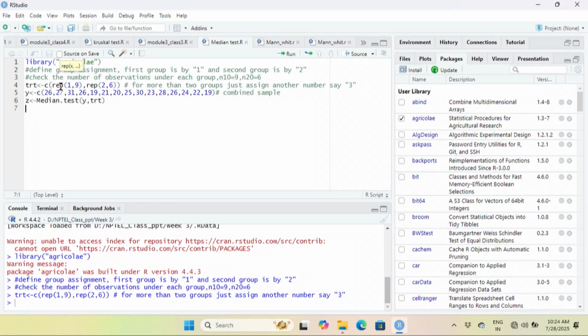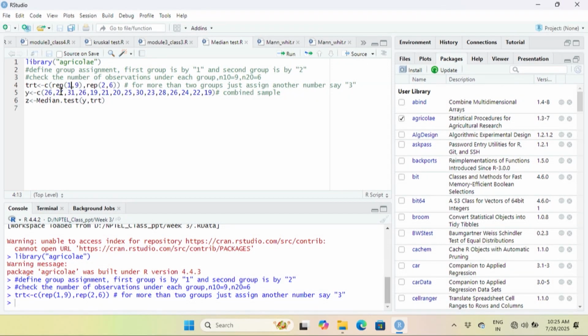The first observation is assigned 1, and the second is assigned 2. So there are two groups, remember that. First group is 1, second group is 2. Now under this group, how many observations are there? In the first group there are 9 observations. So 1, 9. You see repetition.